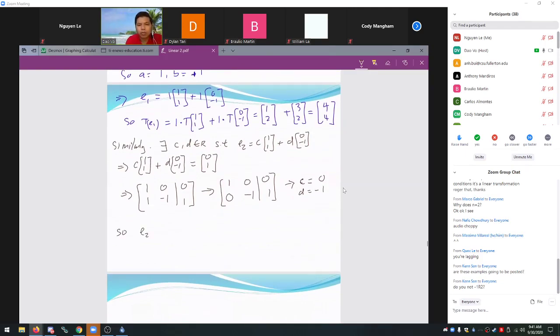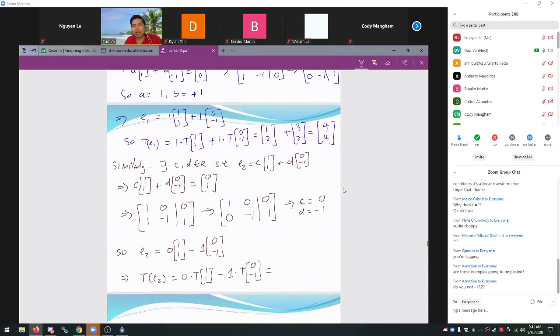So E2 equals 0 times (1, 1) minus 1 times (0, -1). Therefore, the transformation of E2 is equal to 0 times the transformation of (1, 1) minus 1 times the transformation of (0, -1).